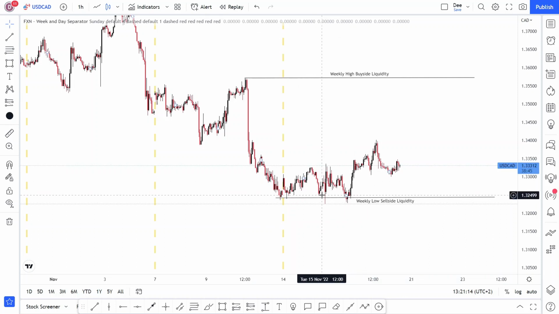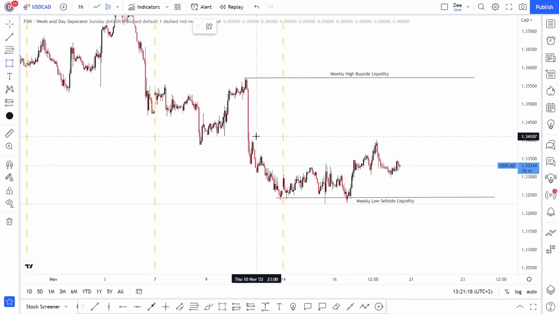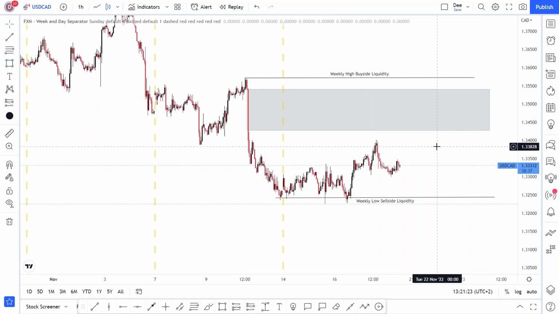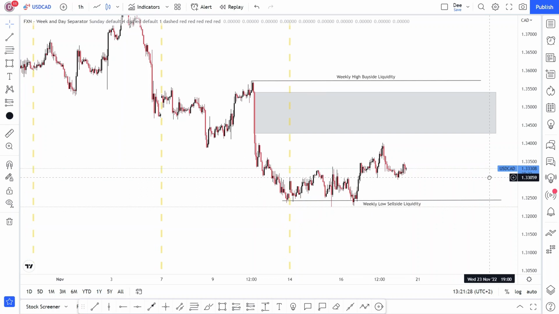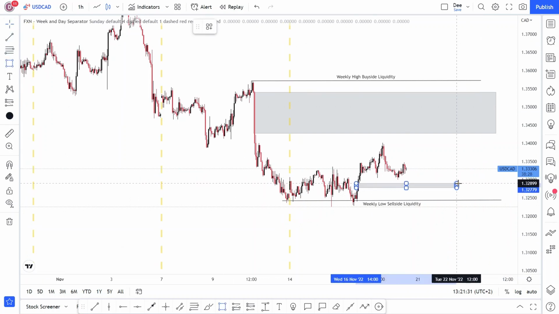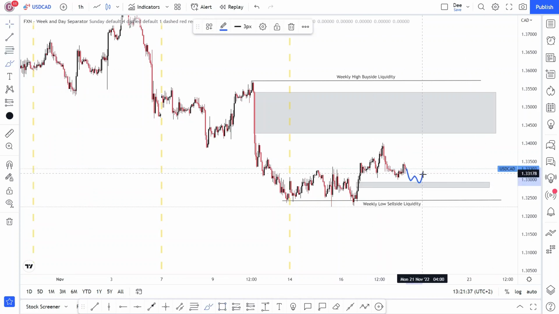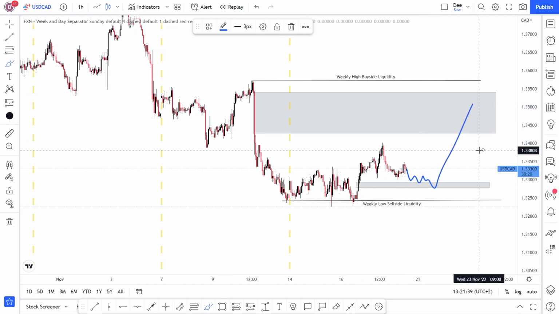The market came, it gave us this wick or the rejection, and we might see it trading towards this fair value gap or sell side, buy side inefficiency. Before they do that, there is still a fair value gap over there that they can come and grab. They can come and balance this imbalance and then continue to the upside.